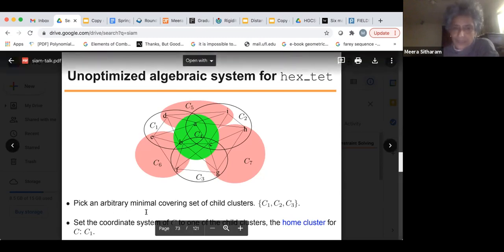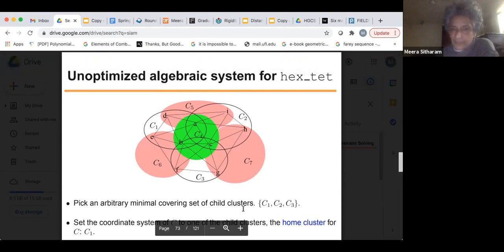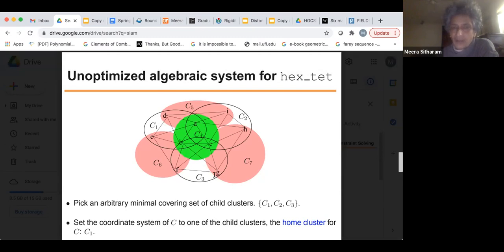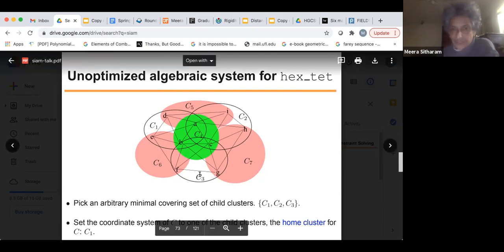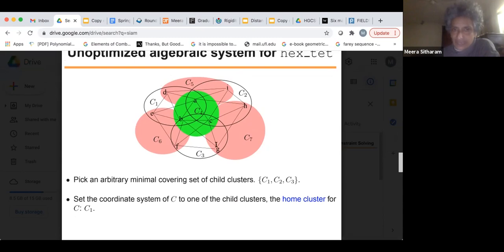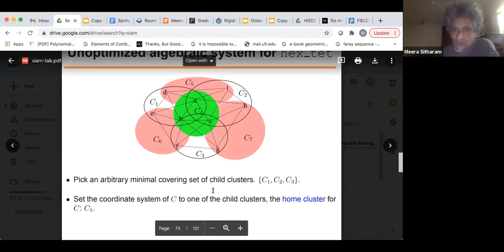So you pick an arbitrary minimal covering set of clusters. In this particular case, say C1, C2, C3 cover all the vertices. C1, C2, and C3 alone will cover all the vertices. You set the coordinate system C to one of the child clusters, so let's call it C1.